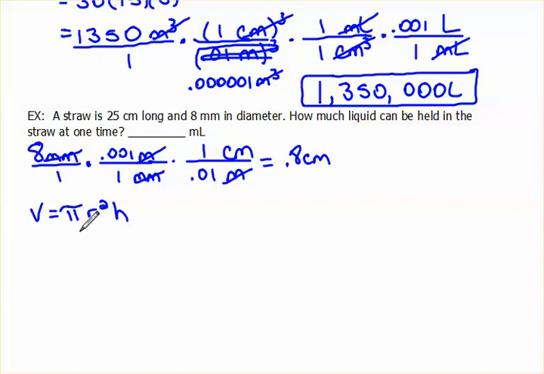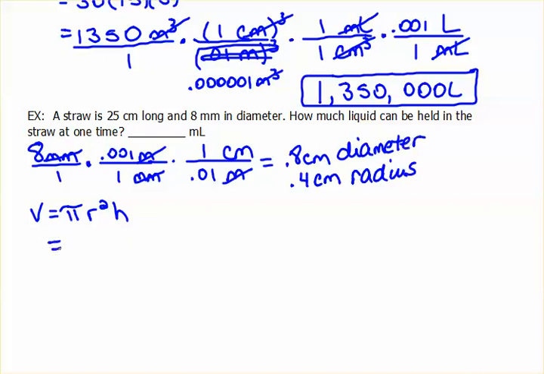This is the right circular cylinder formula for volume. Well, if you'll remember, it said this was 8 millimeters in diameter, so this was the diameter of that straw. We don't want diameter, we want the radius. So it would be half of this. So 0.4 centimeters would be our radius. We're going to use that in our formula.